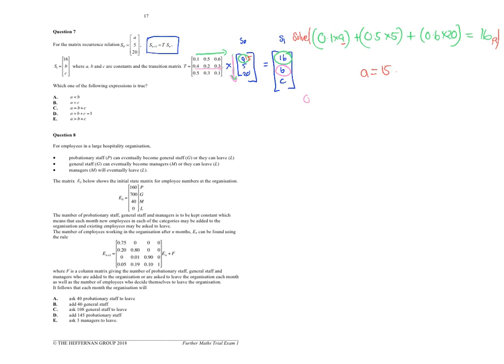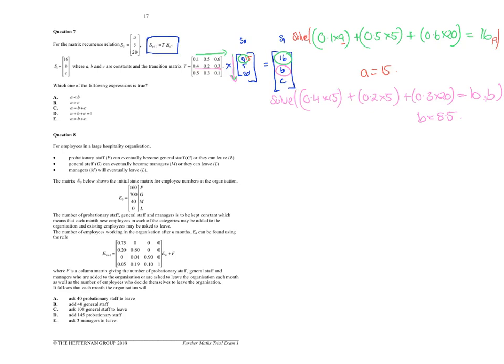So I can go 0.4, and I'll use that 15 now, plus 0.2 times 5, plus 0.3 times 20, and that equals B. So then you can solve for B, and you get B equals 8.5.